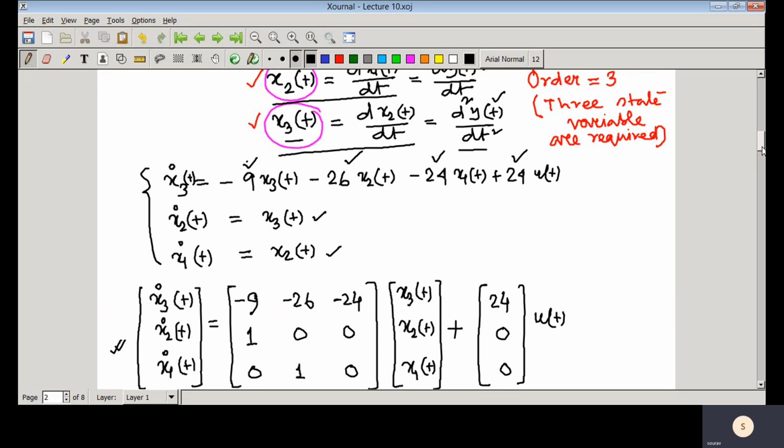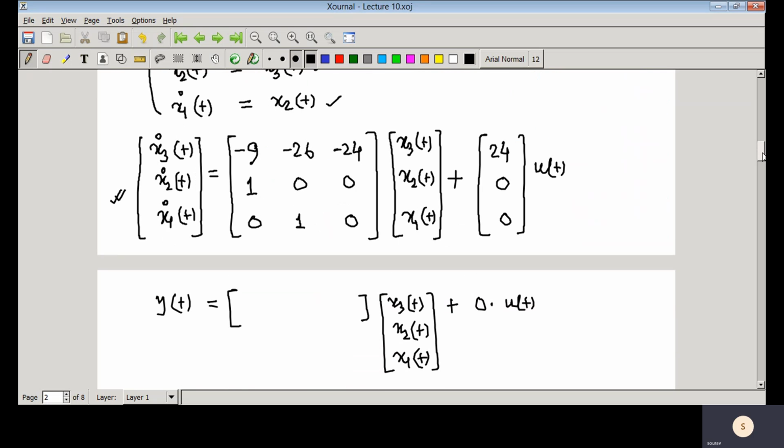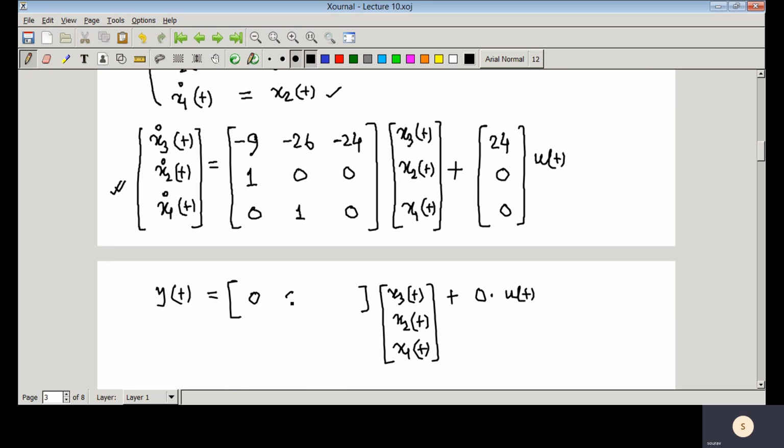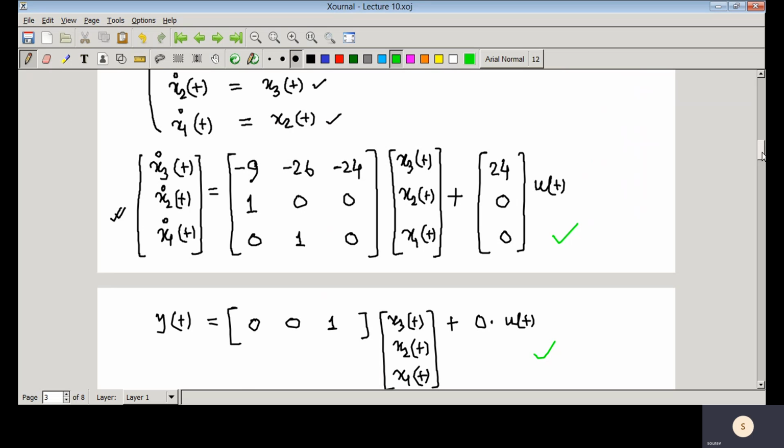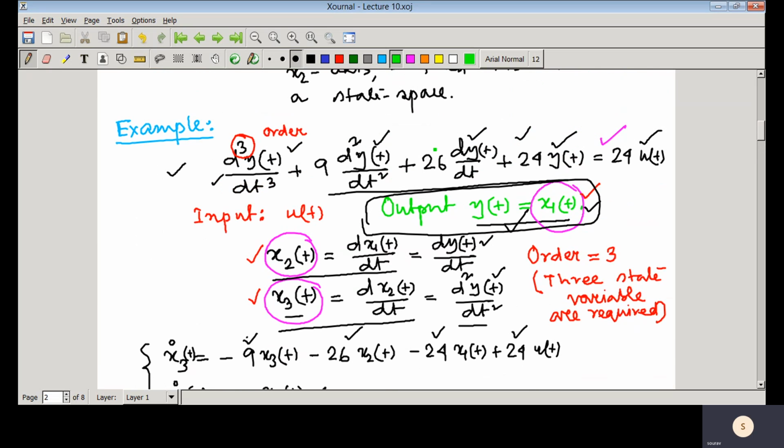Here you can see that y(t) equal to x1(t), so that can be represented in matrix form with 1. So this particular structure, this one and that one, is called the state space modeling of this dynamical system.